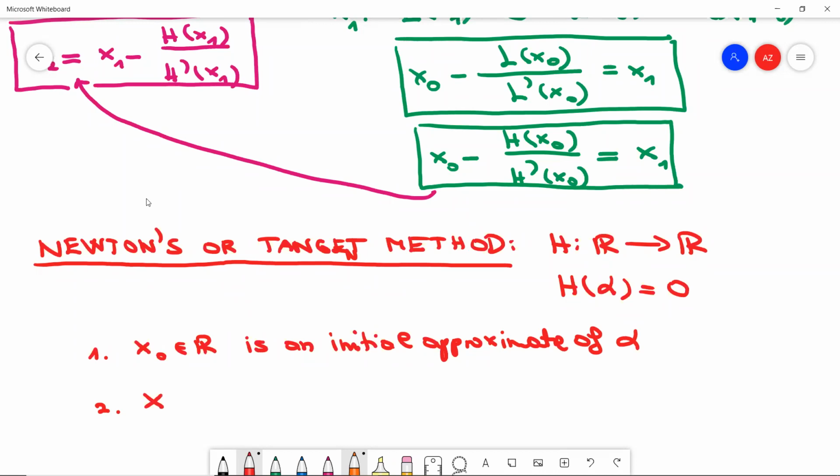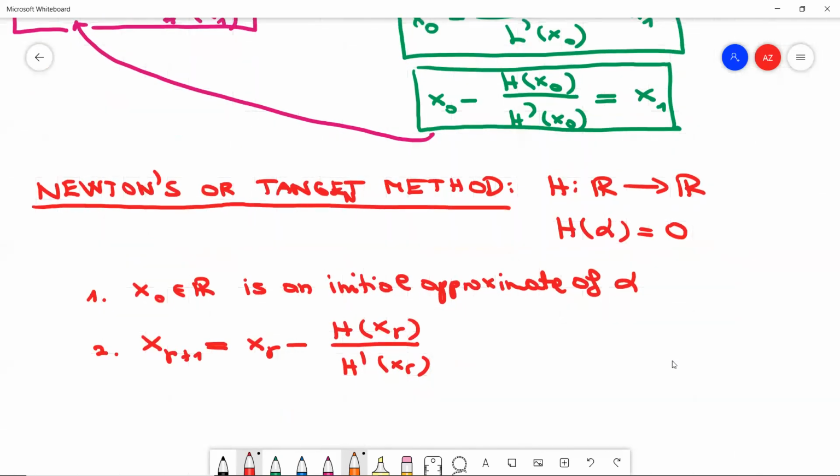The next iterate x r plus 1 is the last iterate minus h of x r over h prime of x r. We are repeating this until some stopping criterion is met.